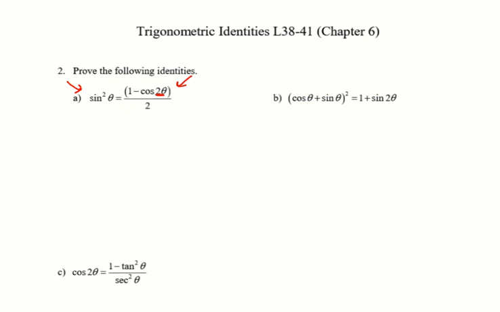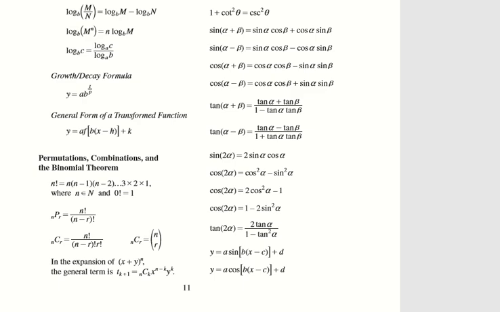So I'm going to rewrite this cos 2 theta as its identity right away. So sine squared theta is equal to 1 minus cos 2 theta.